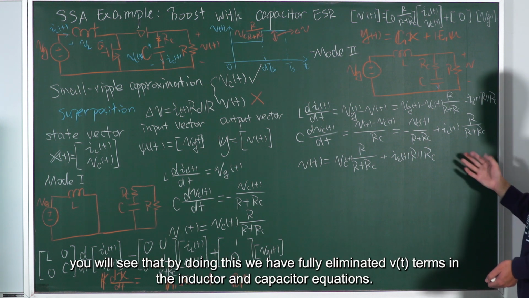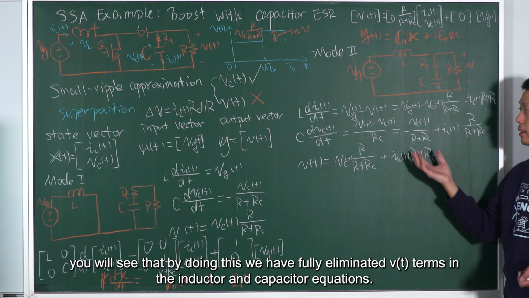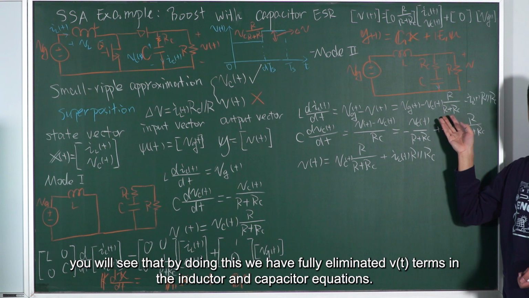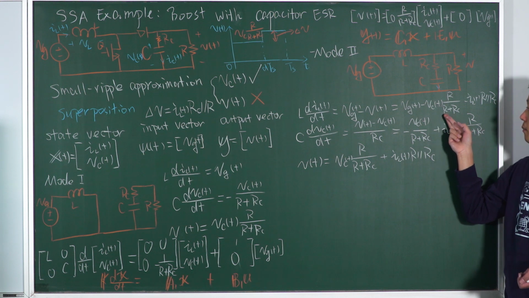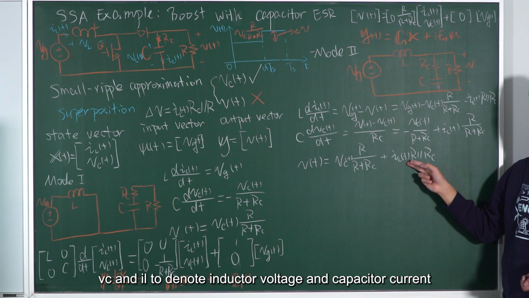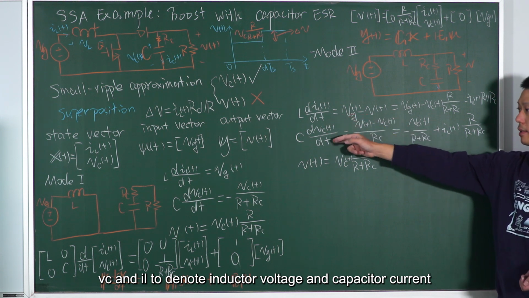You will see that by doing this, we have fully eliminated the Vt terms in the inductor and capacitor equations, right? So we have the state vectors Vc and IL to denote the inductor voltage and capacitor current.